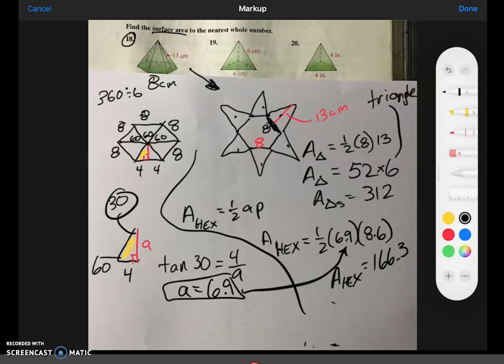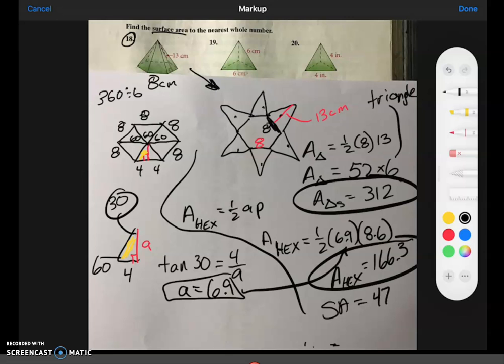If I want the entire surface area, I know this is a total mess. 6 triangles, 1 hexagon. If I add those two together, you will get 478.3. And this is in centimeters squared. This is number 18. Figure out the hexagon again, and that will be the key, using the trig button.